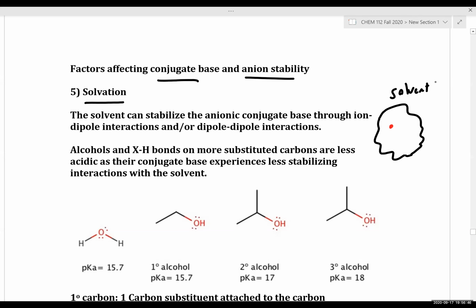And the solvent doesn't just sit around innocuously. The solvent plays a really critical role in the stability and reactivity of species in solution. The solvent can't be neglected here. So the solvent can stabilize the anionic conjugate base through ion dipole or dipole-dipole interactions, right?